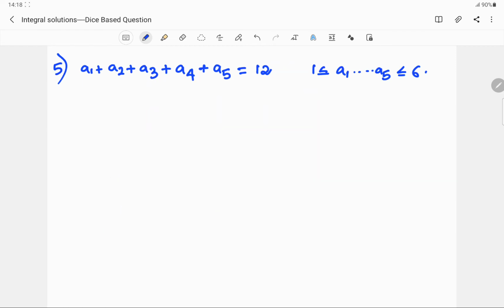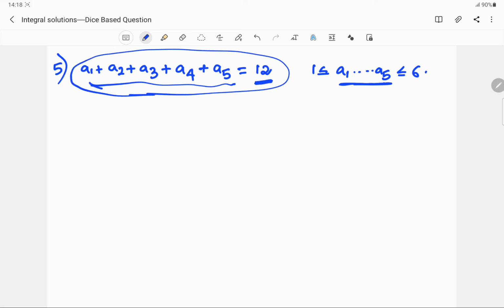So this is the next question. Here 5 dice are rolled and the summation of the digits on those dice should be equal to 12, and a1 to a5 are lying from 1 to 6. We are asked to find the integral solutions to this equation when a1 to a5 are lying from 1 to 6.